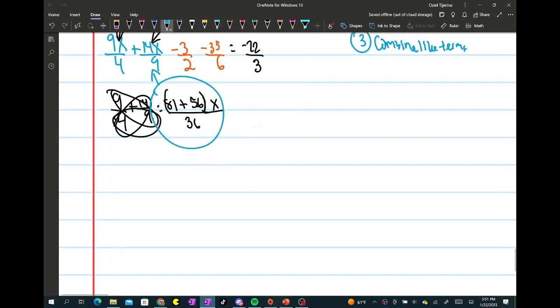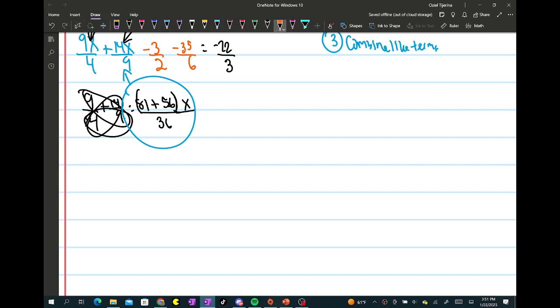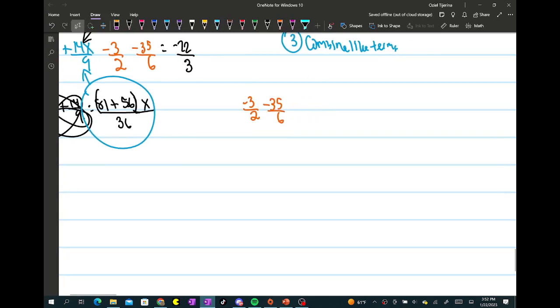It's that part. And then we also have a negative 3 halves minus 35 over 6. So again, I can go ahead and multiply 3 on top and bottom here, and I get negative 9 over 6 minus 35 over 6, and that'll give me, I think, negative 44 over 6, and if I reduce that, that'll give me negative 11 over 3.